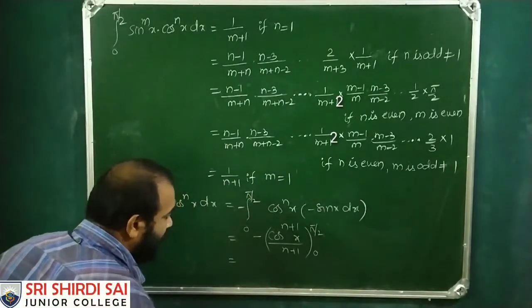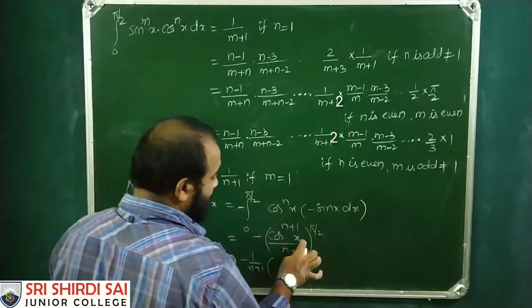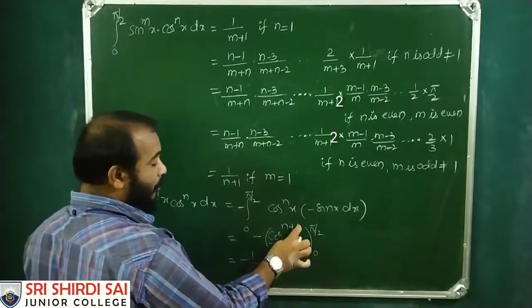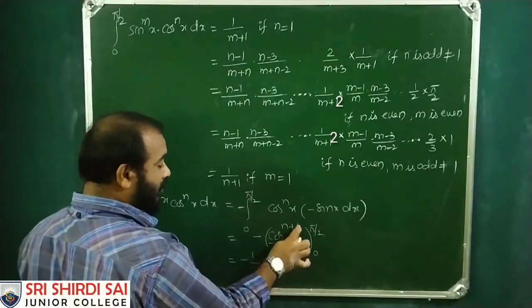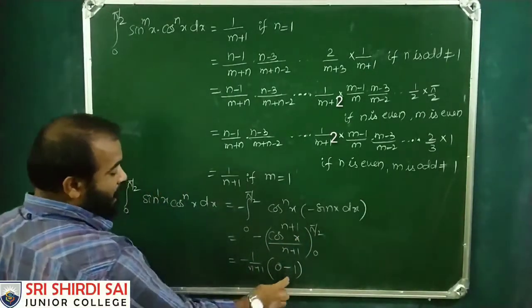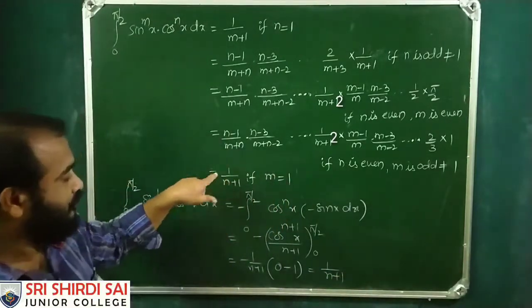Now, minus 1 by n plus 1 into cos x at pi by 2, cos 90 is 0, power n plus 1 is 0, minus cos x at 0, cos 0 is 1, power n plus 1 is 1. So minus of minus is 1 by n plus 1.